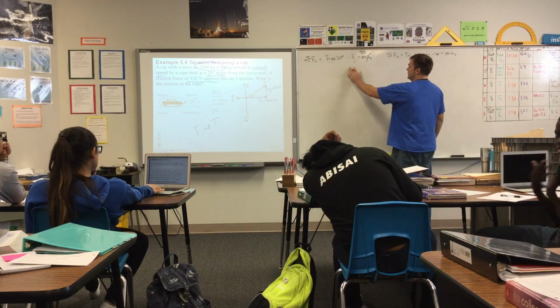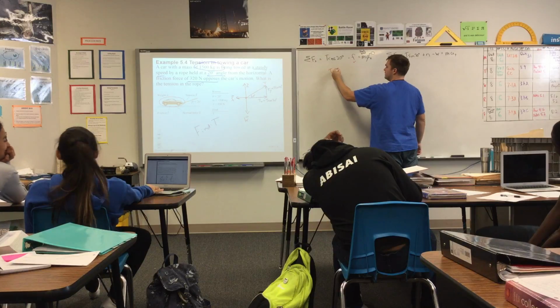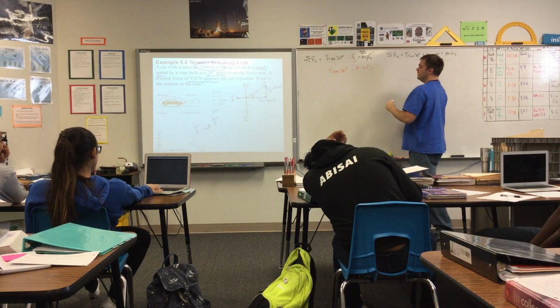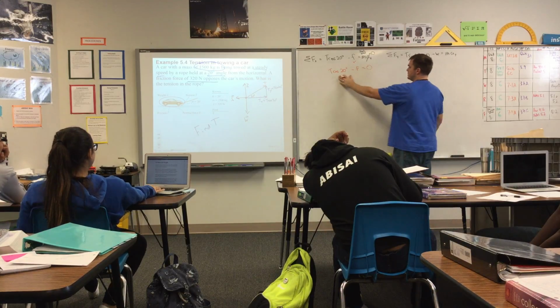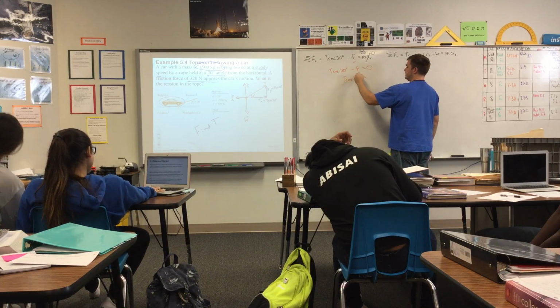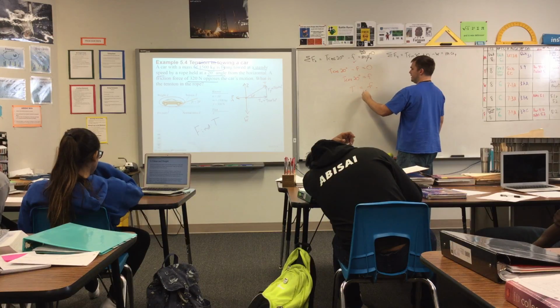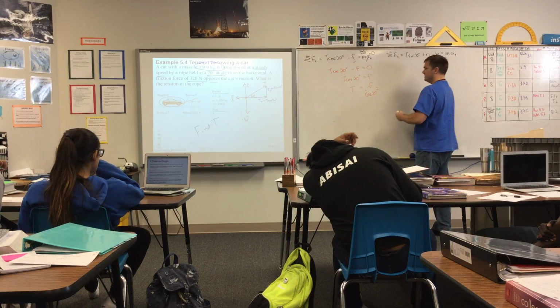Okay? So we want to figure out what T is. So T cosine 20 degrees minus f equals 0. Remember, we always want to solve for the variable. So I'm going to put f on the other side. T cosine 20 degrees equals f. So T equals f divided by cosine 20 degrees. That is about to get thrown away.